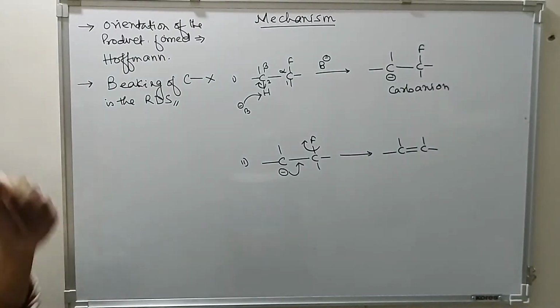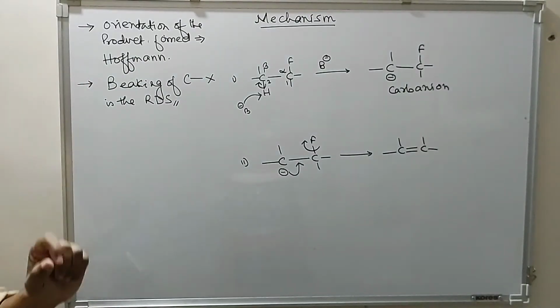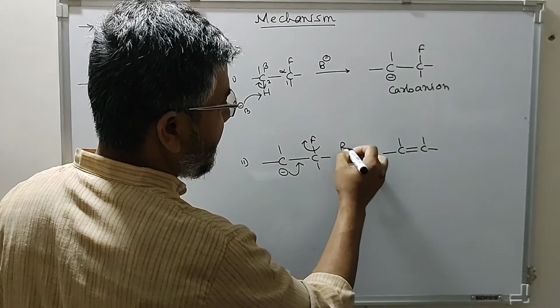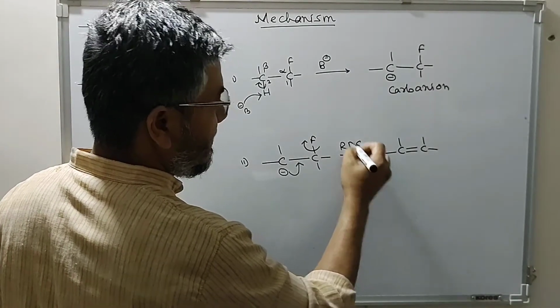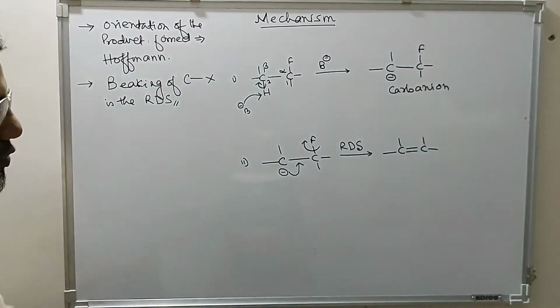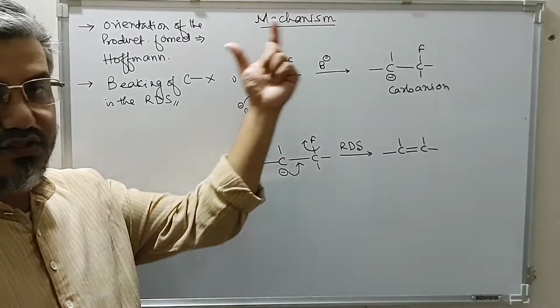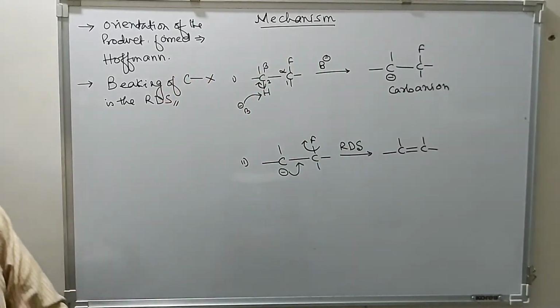Now if you look at this, this is the RDS, the rate determining step. In this rate determining step, only one molecule is involved, that is the carbanion, and so the reaction is unimolecular.